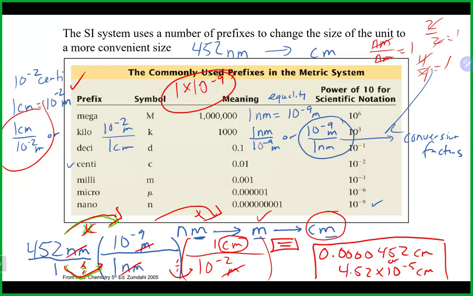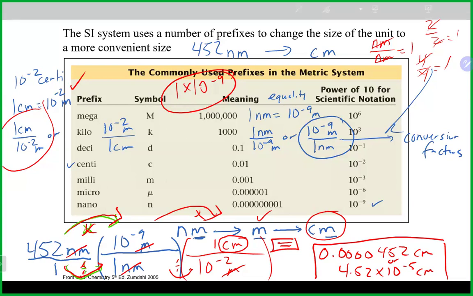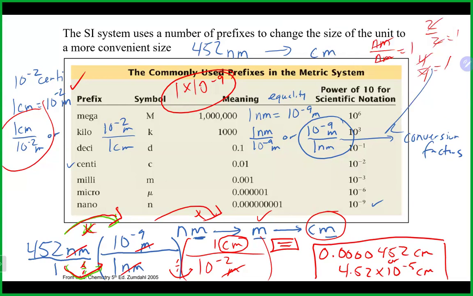By the way, in terms of significant figures here, the other nice thing about dimensional analysis when you set it up this way is you're just multiplying and dividing always, which means you're looking at significant figures in terms of your answer. And that is the only thing that you have to look at. So in this particular case, we have 3 significant figures here. This is an exact conversion because it's metric to metric.